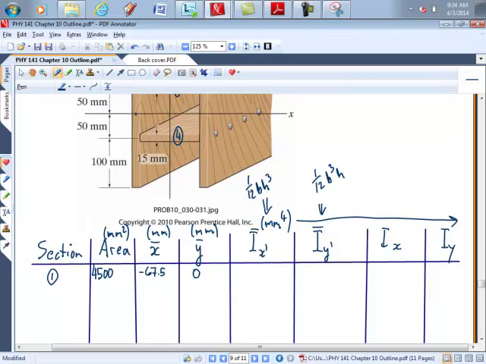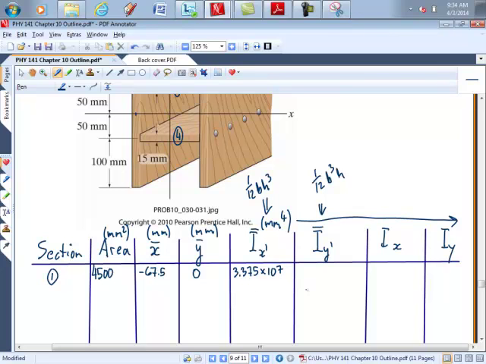B is the width, so in this case the width is the 15 and h is the height, so in this case the height is 300. So 3.375 times 10 to the 7 millimeters to the fourth.